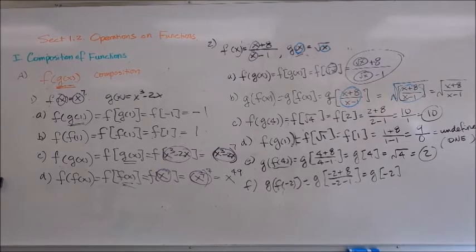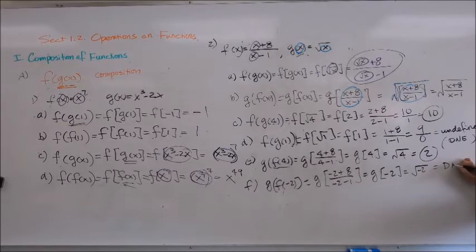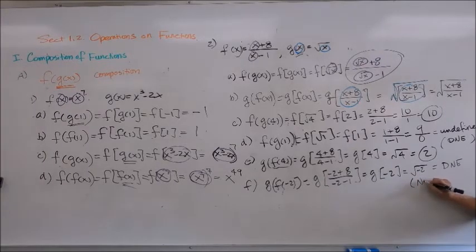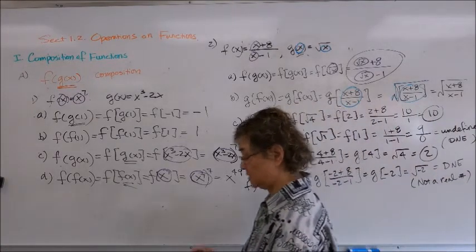Then inside is what? Negative 2. But for square root, you cannot have a negative number in the radical. So you say it doesn't exist or not a real number. In pre-calculus, we start to use imaginary numbers, and it is not a real number.